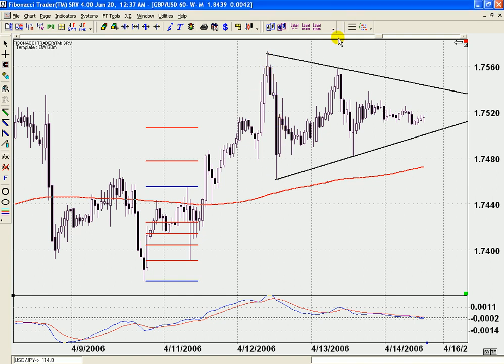But let's just have a look to see where it drove price down to, taking our last leg up to the high. It drove price down to the 62% retracement level, and resistance becomes support, and that is now providing a base for what is now forming a pennant formation.